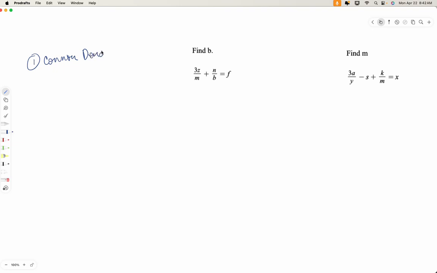And once we find the common denominator between all of the terms, then we're going to multiply each term by the common denominator. Okay? And then that's going to allow us to then simplify.